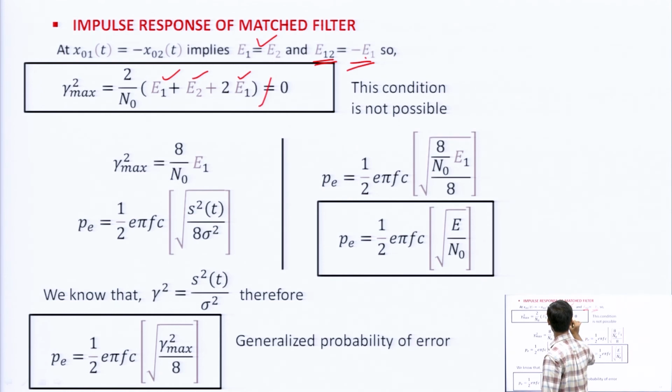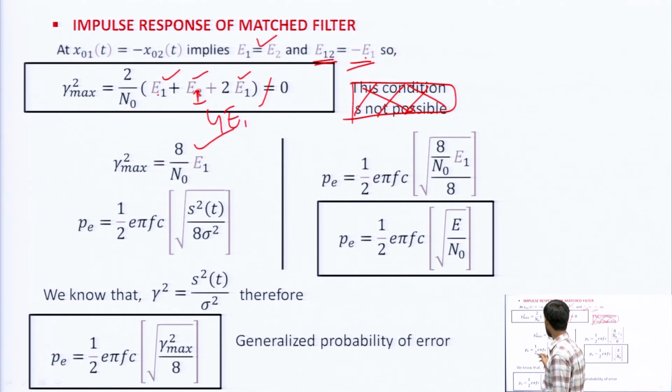This is 2 times by n naught, E1 plus E2, that is E2 equal to E1, so 4 times E1, that means 8 times E1 divided by n naught.